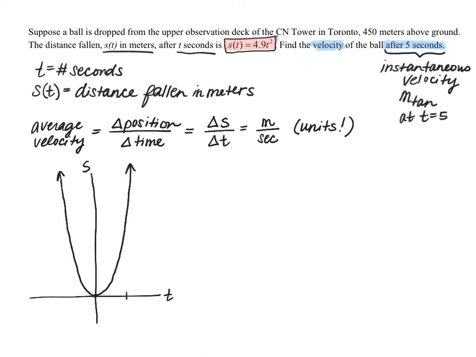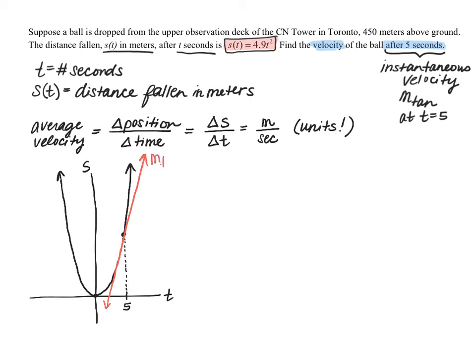If I'm at t equals 5, then I'm going up to my curve, and I'm interested in the slope of the curve at this point. If I were to draw in that tangent line, I'm trying to find the slope of this tangent line at t equals 5.